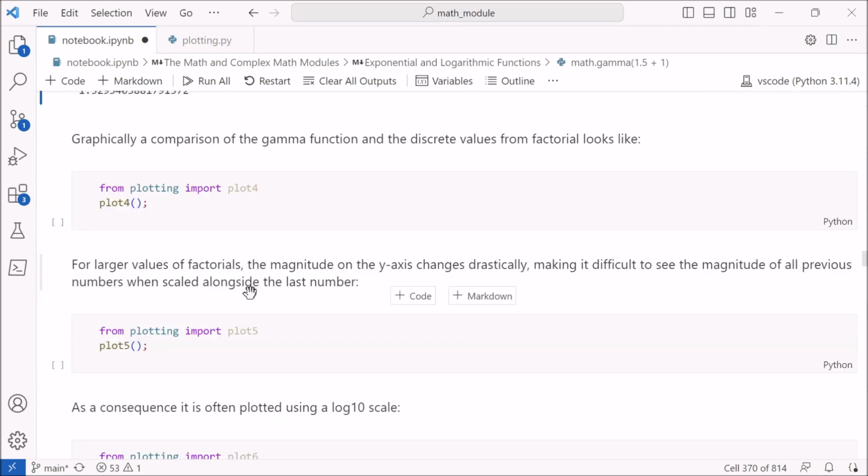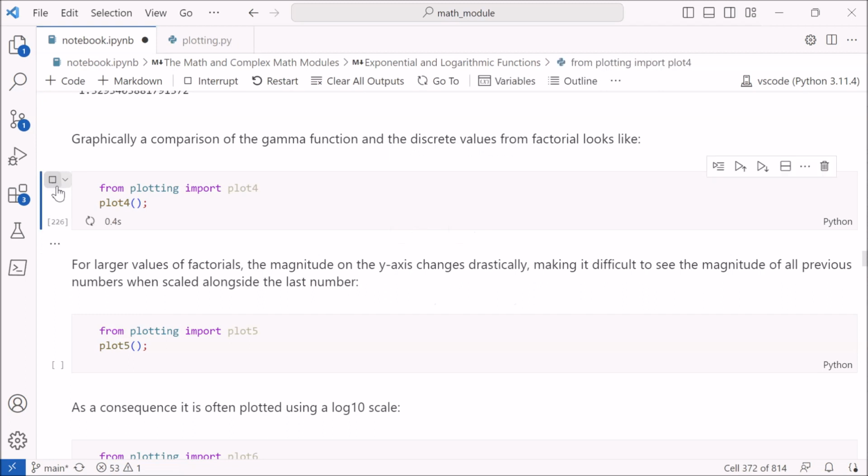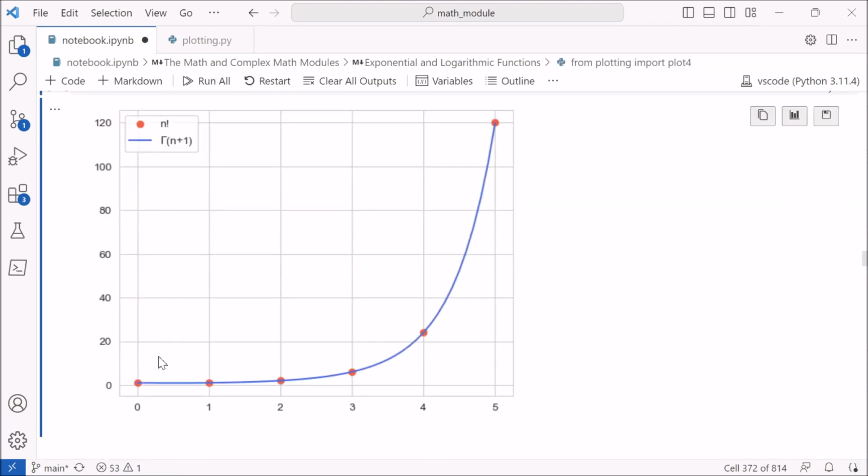So graphically, a comparison of the gamma function and the discrete values from the factorial looks like this. The factorial is essentially these discrete values, and the gamma function is a continuous distribution between all of these data points, and it's n+1.